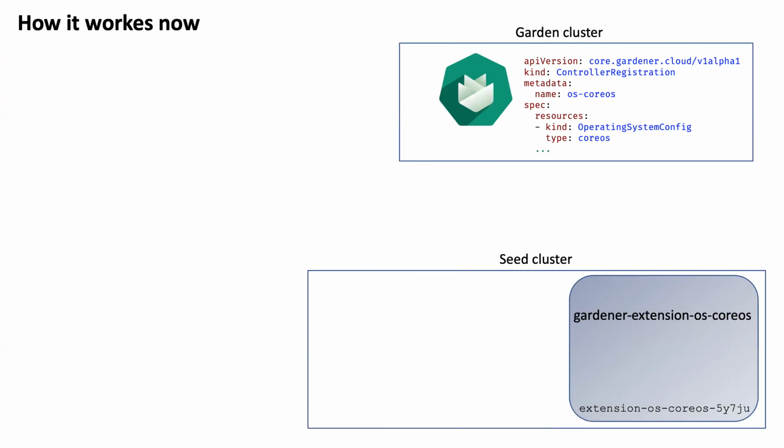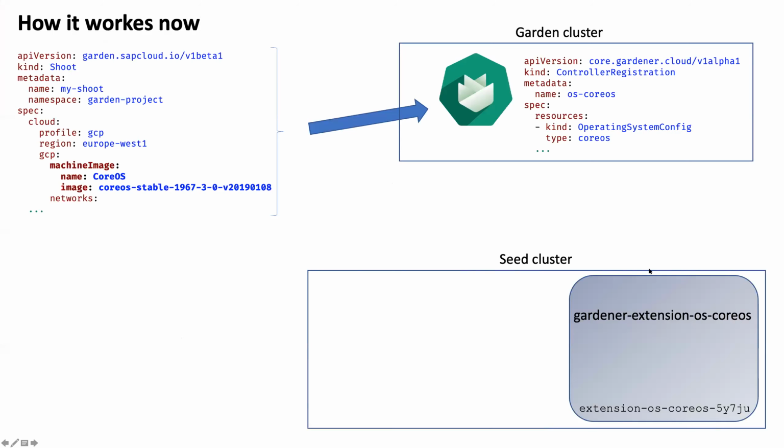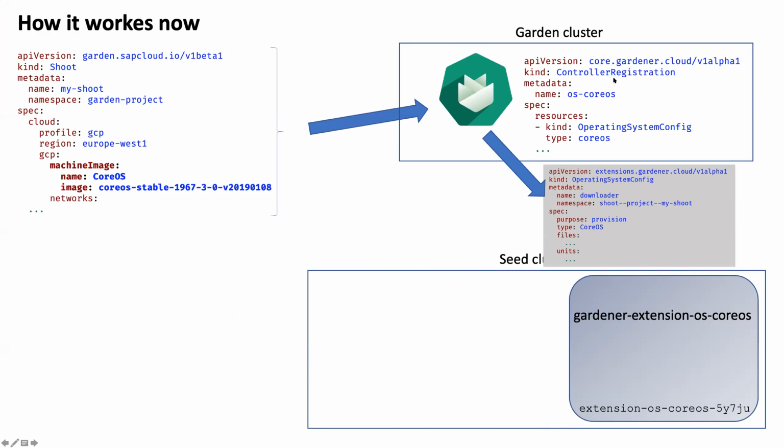All right, so how it works today. In the seed cluster, we have, as seen in the namespace, the extension controller running. The registration has been applied to the garden cluster. And now, when somebody creates a shoot with a specific machine image, Gardener no longer creates the config directly, but writes the CRD into the seed cluster.